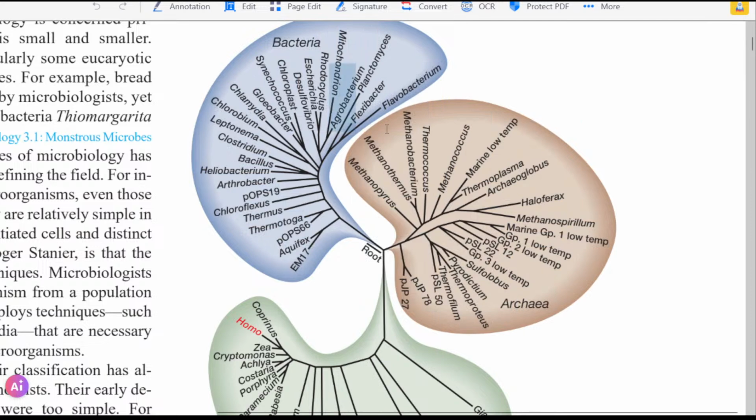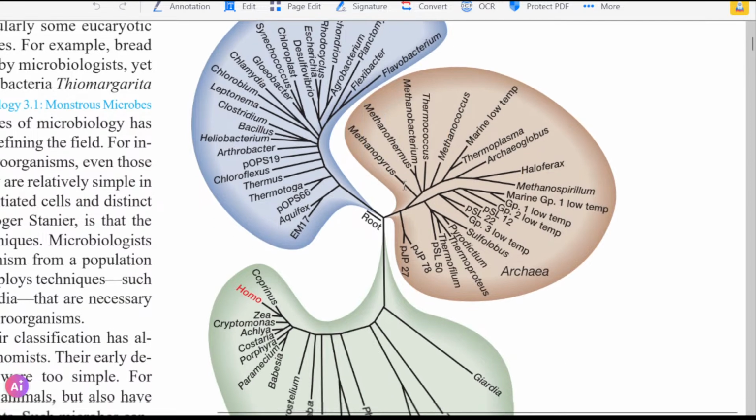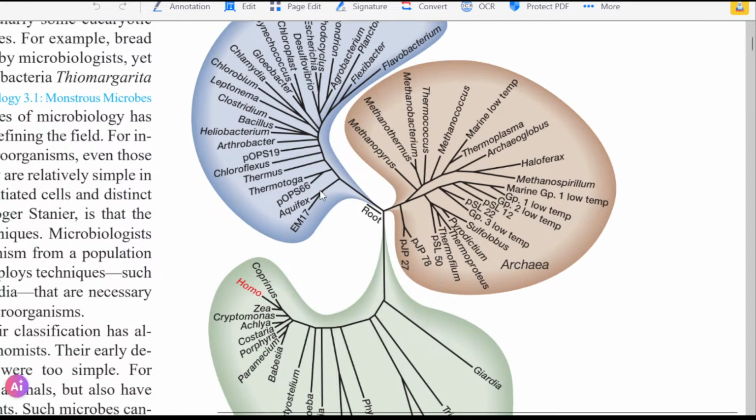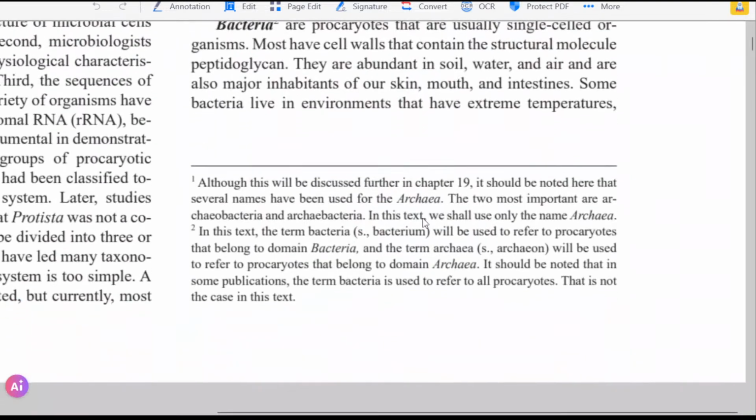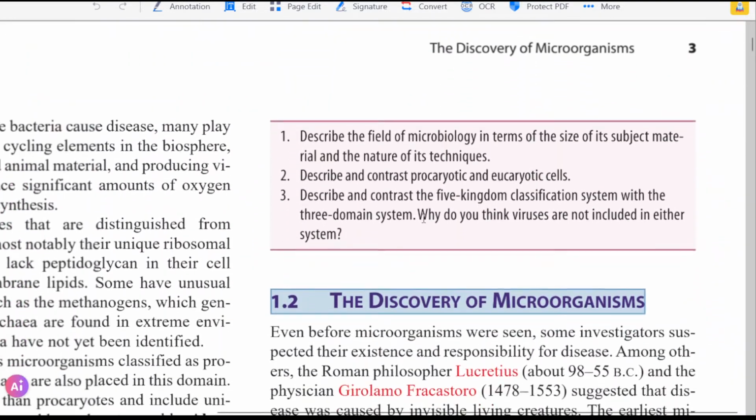But after studying their ribosomal RNA, they determined that they are completely different organisms, even though they look the same. Both are classified into further classes, and both have a lot of other organisms classified under them.